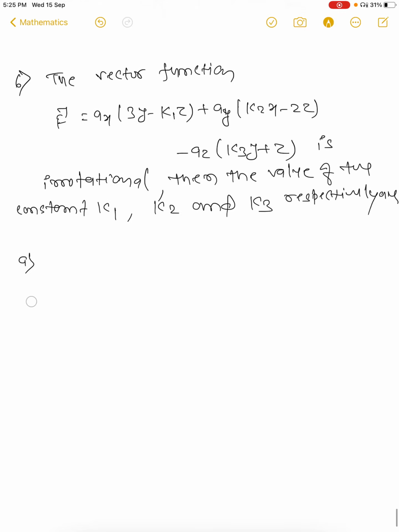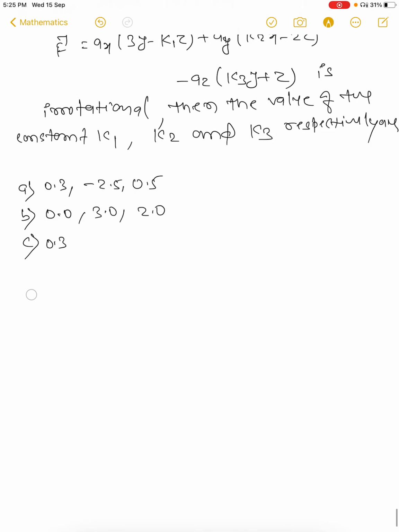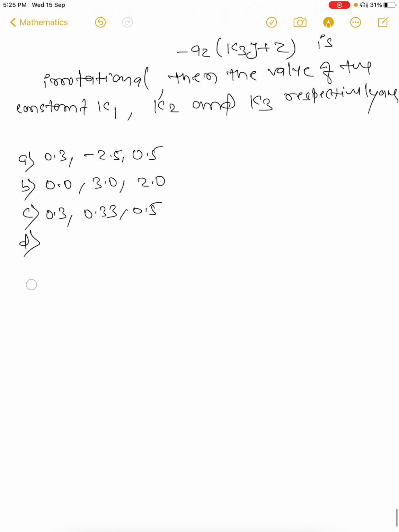Options are given: a 0.3 minus 2.5 0.5, b 0.0 3.0 2.0, c 0.3 0.33 0.5, d 4.0 3.0 2.0.